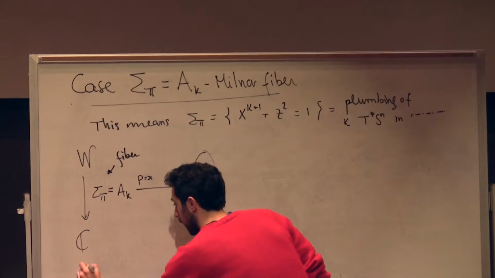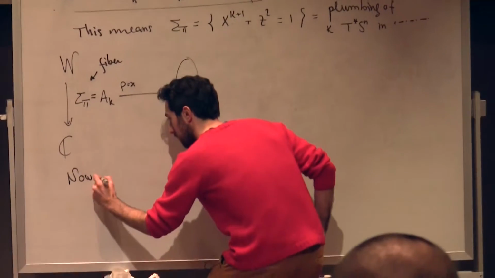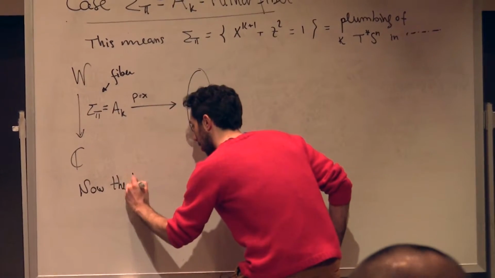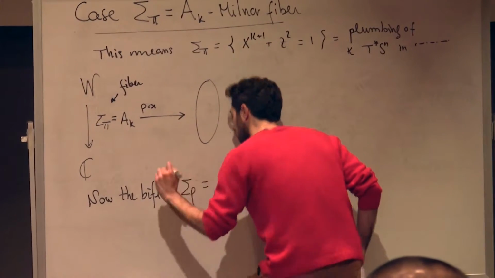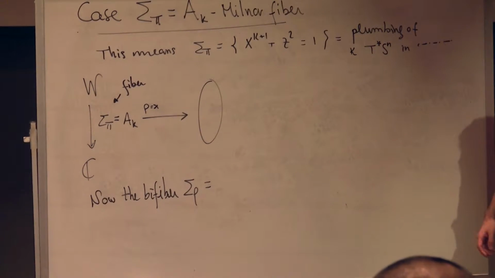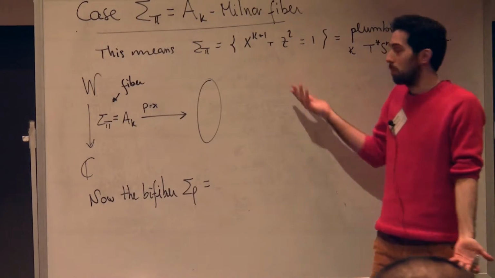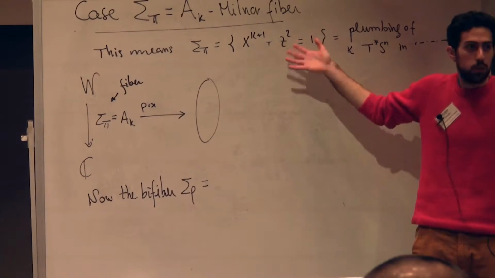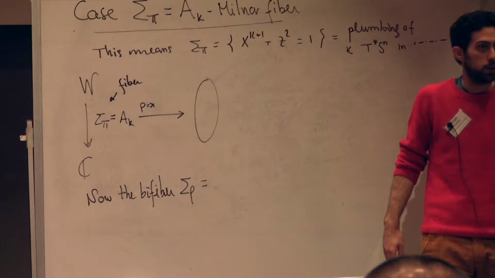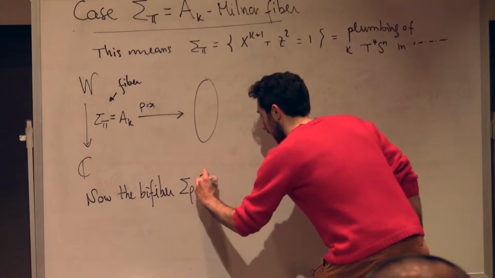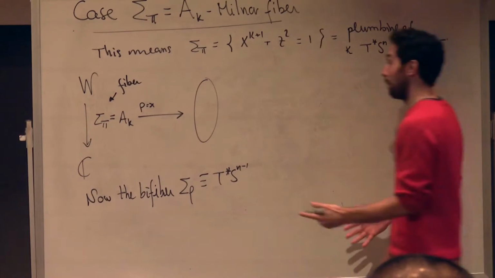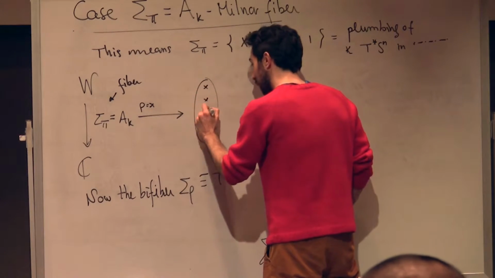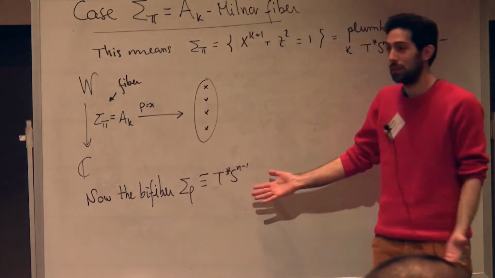And now the bifiber, somebody tells me. Who's the fiber of rho? Well, just put x equals some number. So it's just the smooth affine conic. So it's T star S^(n-1). Okay? So that guy is T star S^(n-1). But that's jackpot, because this means that the vanishing cycles are always the same.